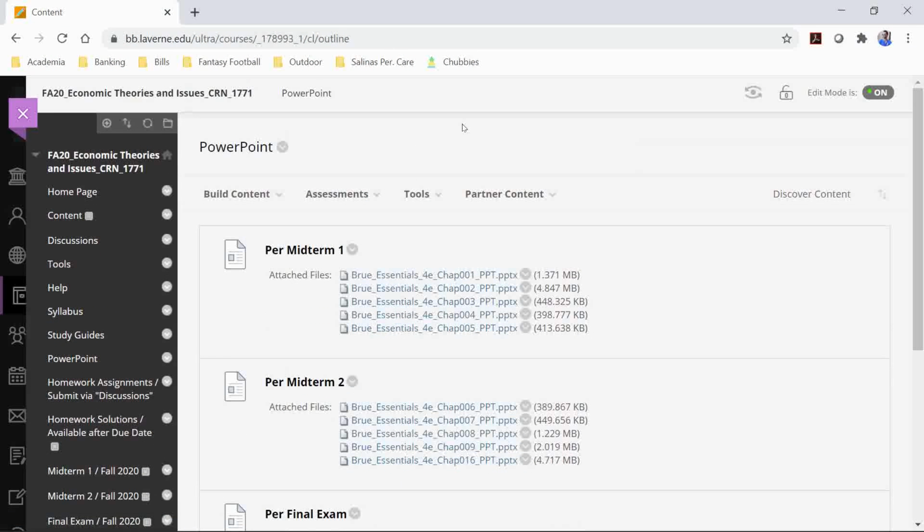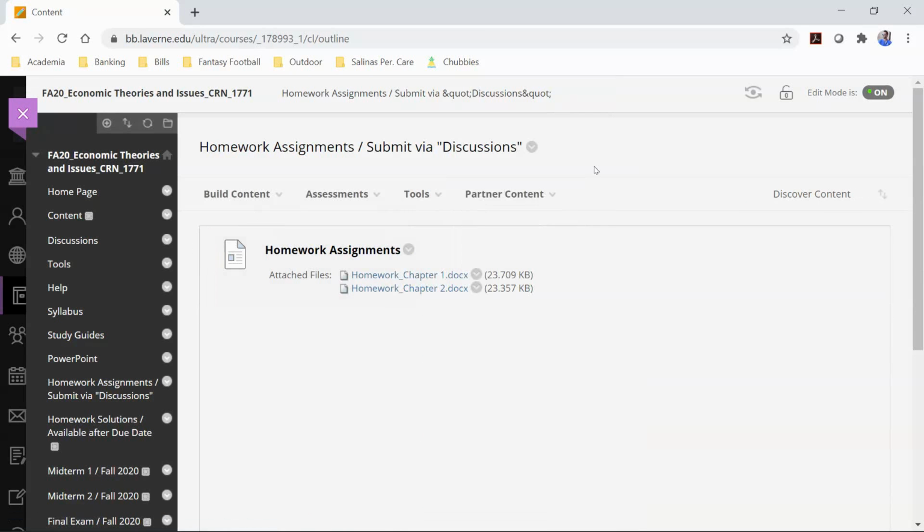Okay, then here are the PowerPoints that go along with the chapters. And then the homework assignments will be in this section. We've got homework chapters 1 and 2, and I'll cover those a little bit later after we do the chapters.